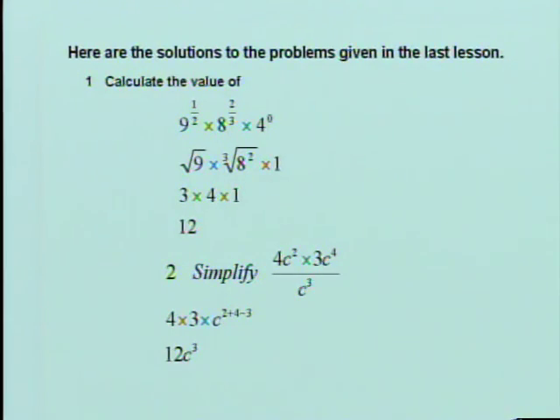We minus 3 because we are dividing by c cubed. When this is simplified, we have 4 times 3 is equal to 12, and the index will work out to be 3. That is 2 plus 4 minus 3, 6 minus 3, 3.